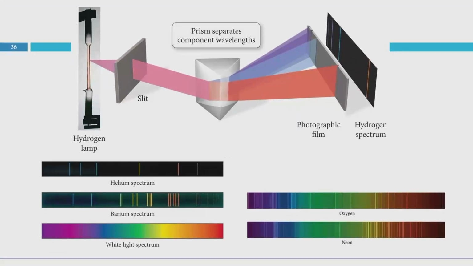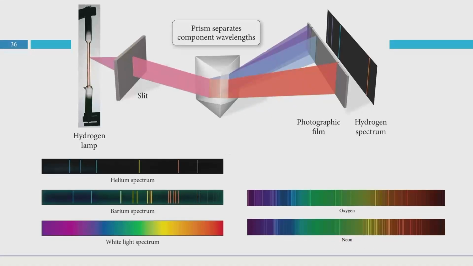And if we look at different elements, like helium has a couple of lines, barium has more lines, oxygen has a little bit of kind of washout between the different colors, but it has even more lines, and neon has more lines than oxygen. And notice that the lines don't show up in the same places. And there's also not the same number of lines.